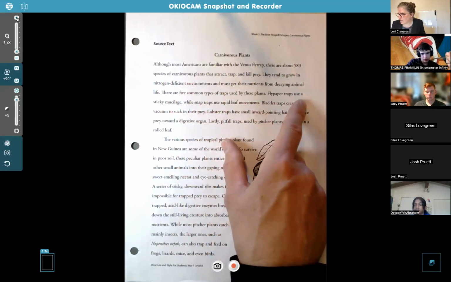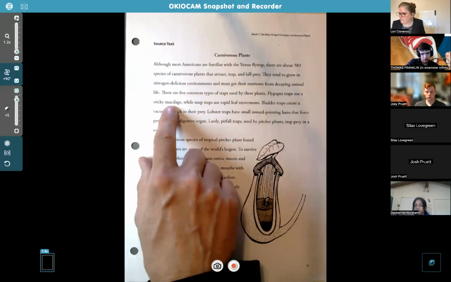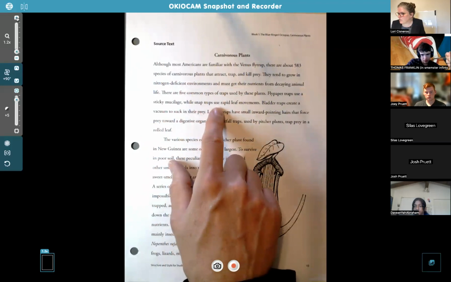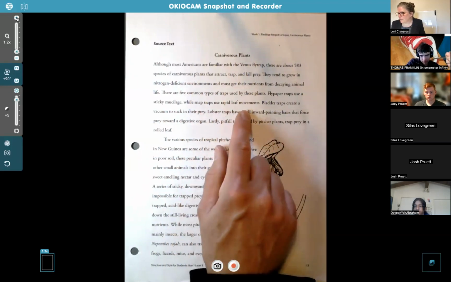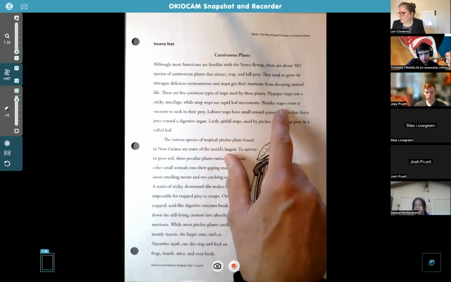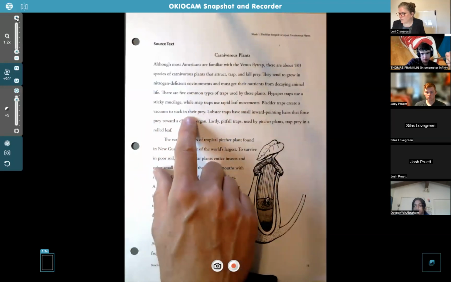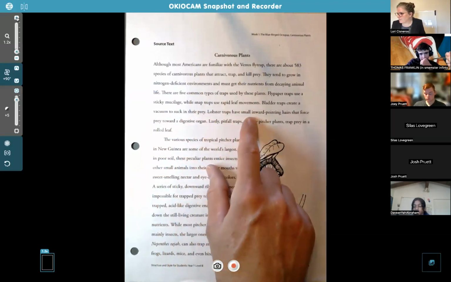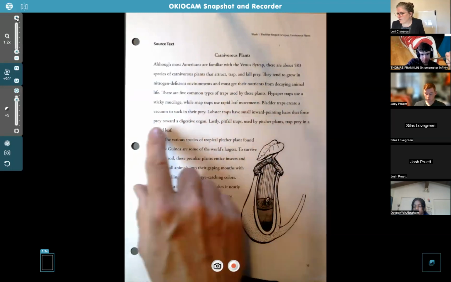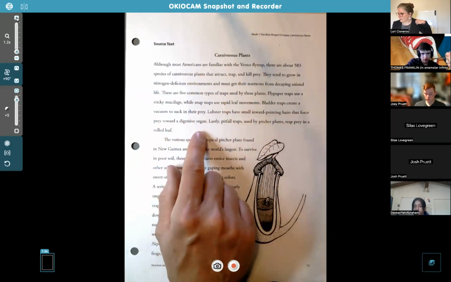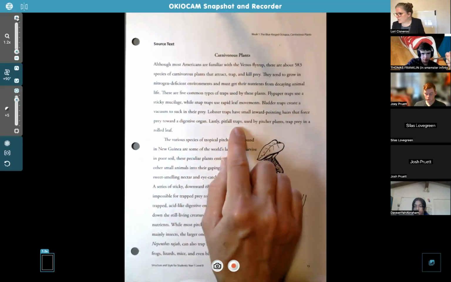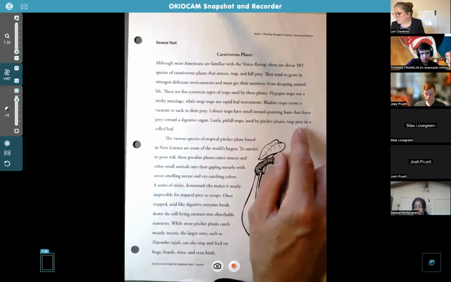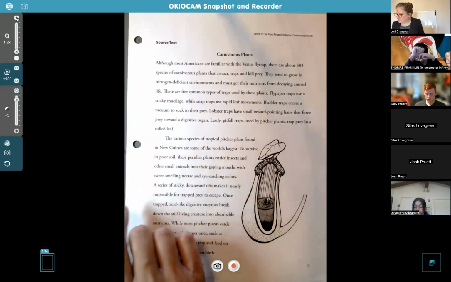Flypaper traps use a sticky mucilage, while snap traps use rapid leaf movements. Bladder traps create a vacuum to suck in their prey. Lobster traps have small inward-pointing hairs that force prey toward a digestive organ. Lastly, pitfall traps used by pitcher plants trap prey in a rolled leaf.